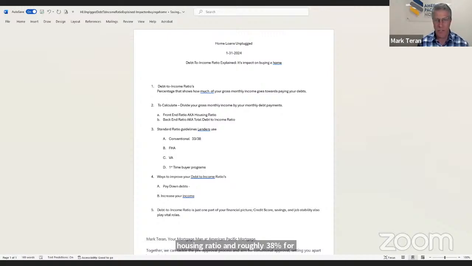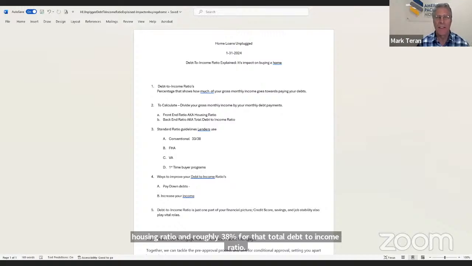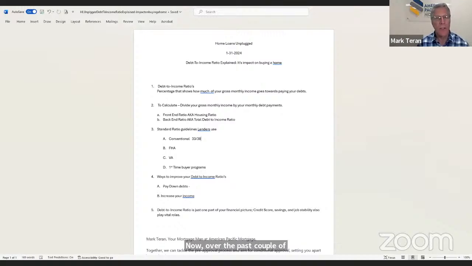Now, over the past couple of decades, we have had the benefit of something called automated underwriting. These are underwriting engines that were developed by Fannie Mae and Freddie Mac. So in the world of technology and computers, we can run our scenario through the automated underwriting engine, and it's looking at the overall profile.